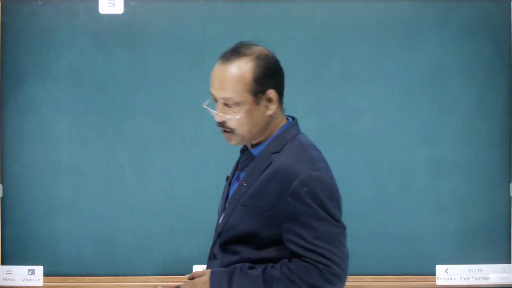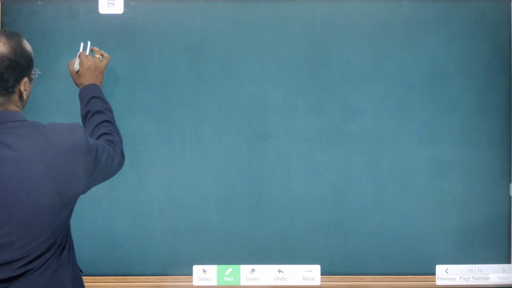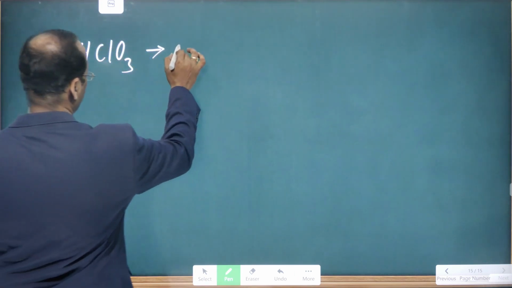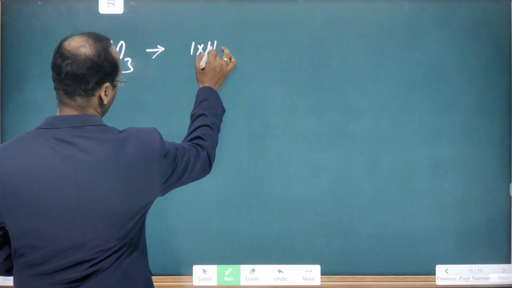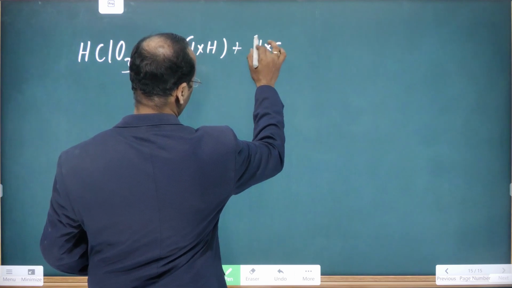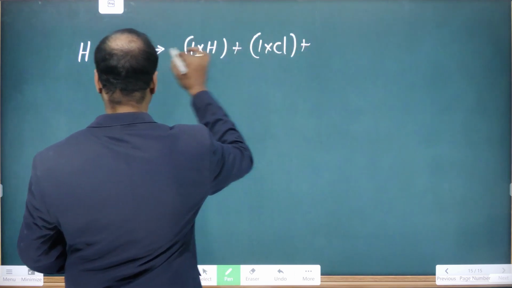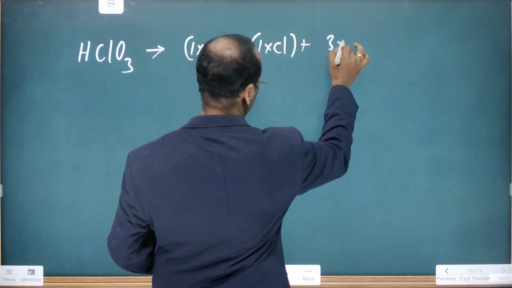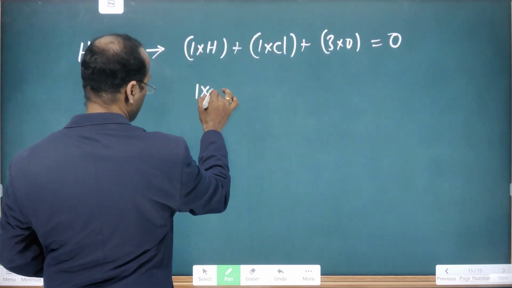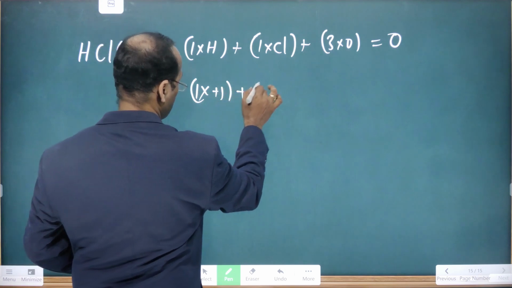So what is that? HClO3, right? HClO3. You have to calculate. You find it. So hydrogen, how many hydrogens? 1. 1 into hydrogen. Plus how many chlorines? 1 chlorine. 1 into chlorine. Plus how many oxygens? 3 oxygens. 3 into oxygens. The total oxidation will be 0. 1 into hydrogen, hydrogen is +1, plus 1 into chlorine.